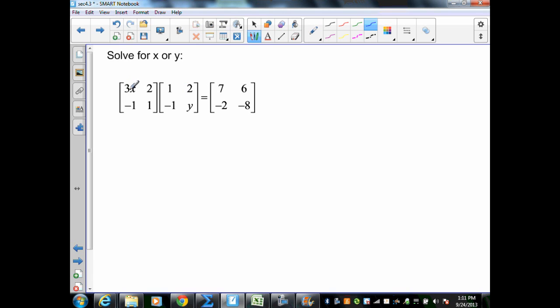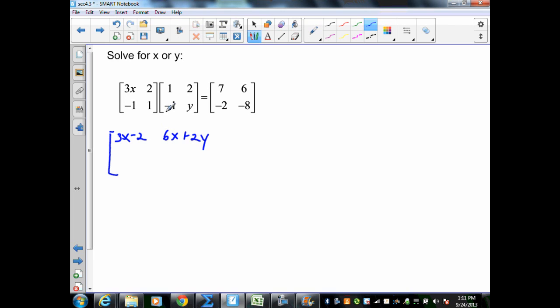Let's begin by taking the first row times the first column. That gives me 3x, 2 times a negative 1, plus a negative 2, or minus 2. First row, second column, 6x, 2 times y is plus 2y.